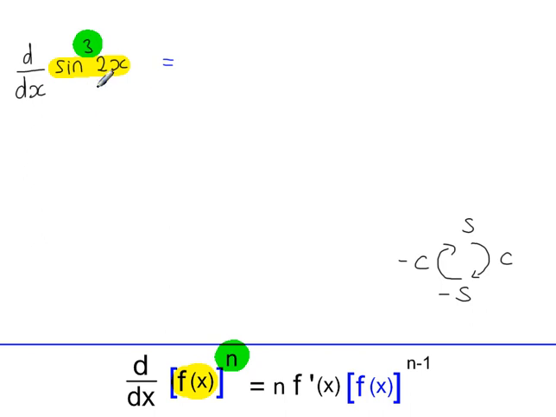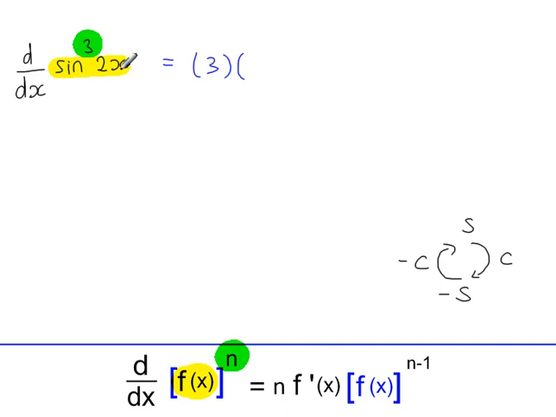So differentiating, starting with n, the power, which is 3, times the derivative of the function inside the brackets, so times the derivative of sine 2x. So differentiating sine gives cos.